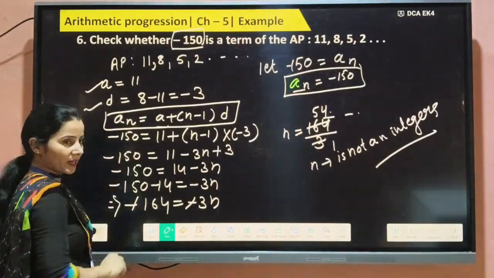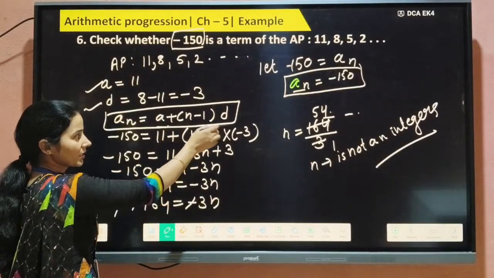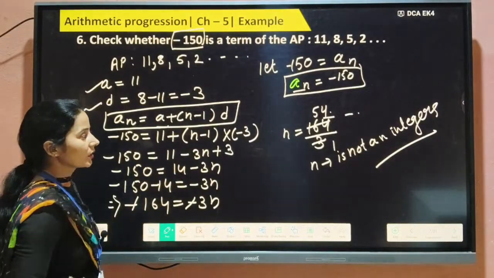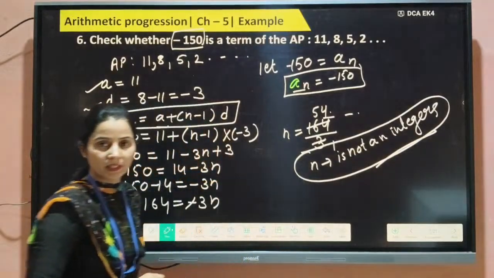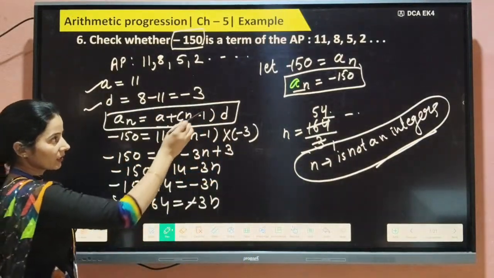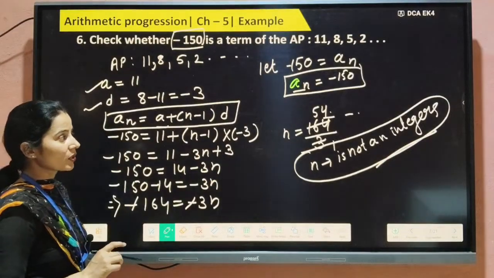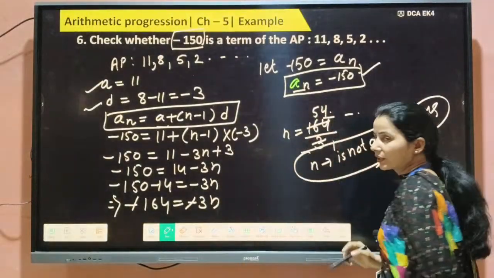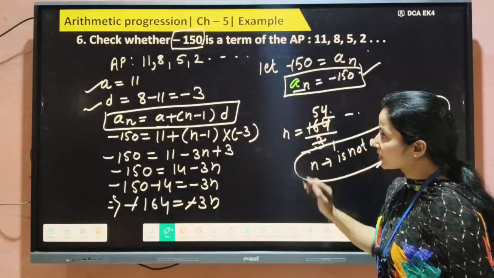The nth term is minus 150, the a value is 11, n minus 1 as it is, and the d value is minus 3. If you solve, then you will get n is not an integer. It should be an integer so that this will be a term of this AP, but n is not an integer. It means this minus 150 will not lie in this AP anywhere. Question number 6 is completed.